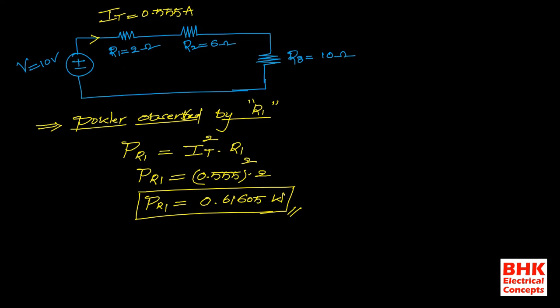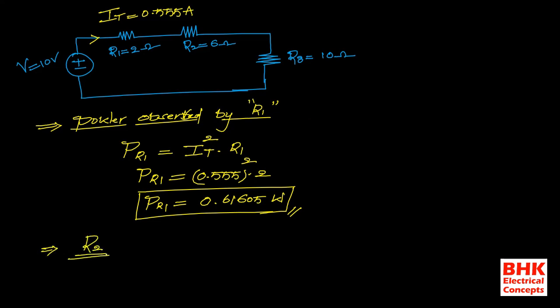It means whenever we are going to find the power absorbed by each element, we need to consider only that particular element's value times the square of the current flowing through that particular resistor. That is the reason why I am taking the power absorbed by resistor R1 as total current square into that resistance, and substituting these values, you will get 0.61605 watts.